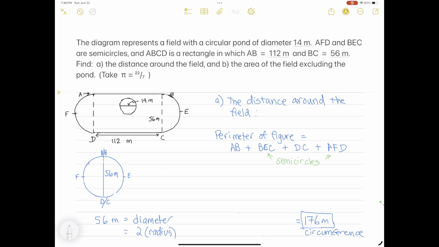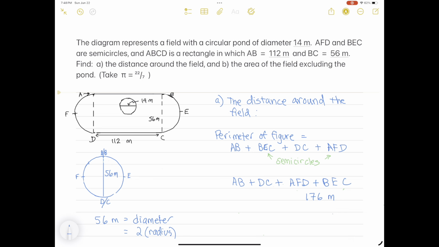So I will rewrite that addition problem on the next line, placing the lengths AB plus DC next to each other, plus AFD, the semicircle, plus BEC, the other semicircle. And I draw a brace to show that the semicircles AFD plus BEC equals 176 meters, its circumference. So I will write 176 meters on the line below to substitute for AFD plus BEC in the equation.